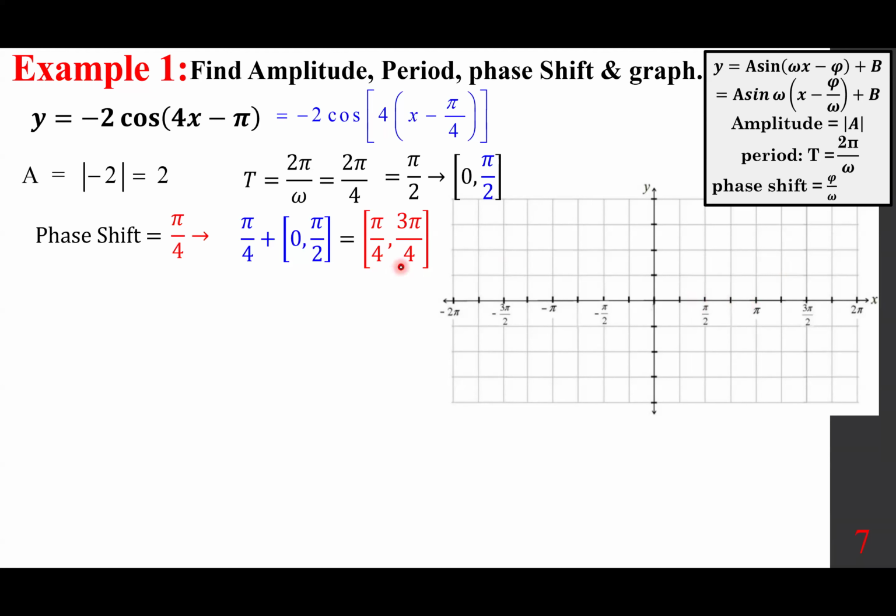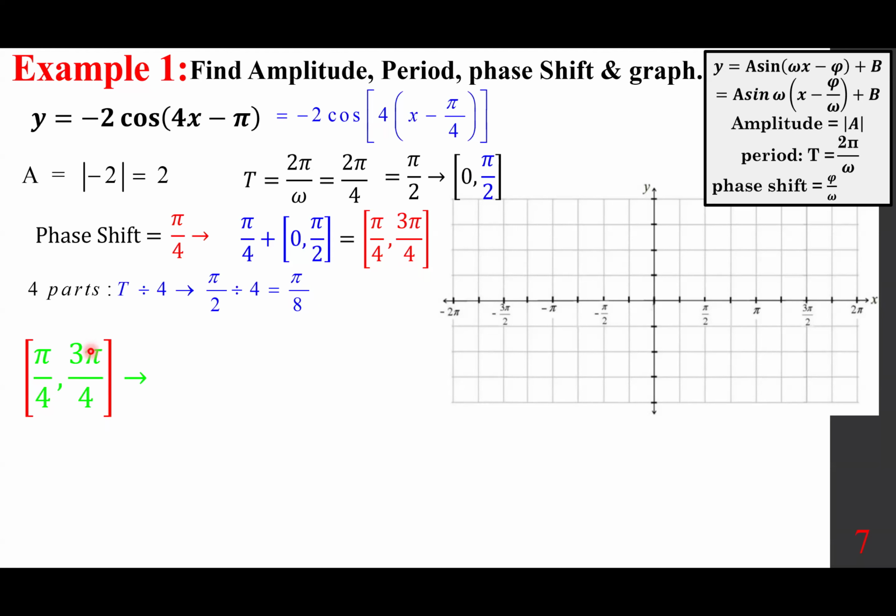And so now we're going to cut this into 4 pieces. So we're going to divide the T by 4. The T was pi over 2 divided by 4, you get pi over 8. And so, pi over 4 to 3 pi over 4, we start with pi over 4 and we add pi over 8.